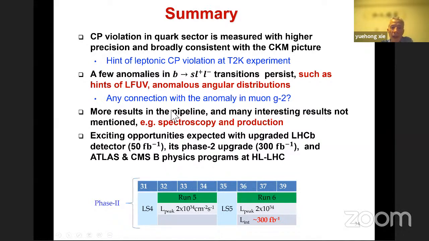More results are in the pipeline and will be coming out in the near future. And as I said, there are many other interesting results not mentioned, such as spectroscopy and production.